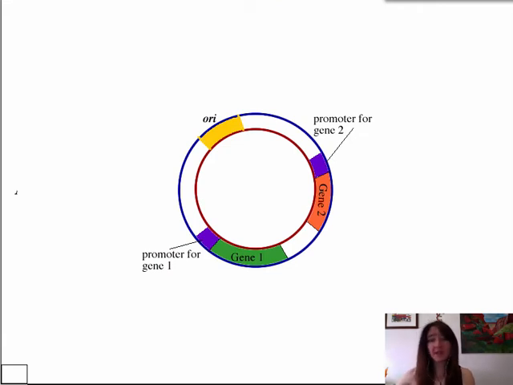Here we see on this plasmid our origin of replication, of course, and then we see two different genes. So notice that the promoter for gene 2 is here, and the promoter for gene 1 is there. So as RNA polymerase binds to the promoter and heads on down gene 1, it's going to use that blue strand as its template strand.